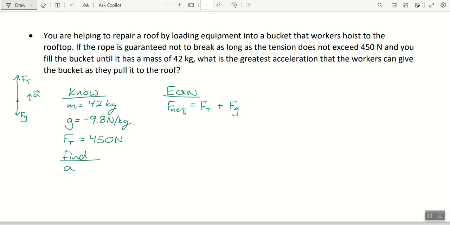Is this 0 this time? How do you know it's not 0? It's accelerating. Okay, we are going to be speeding this thing up. Because we're accelerating, this is not 0. I would suggest Newton's second law to help you through this. Cool. Try it out. I will see you cool cats and kittens on Monday.